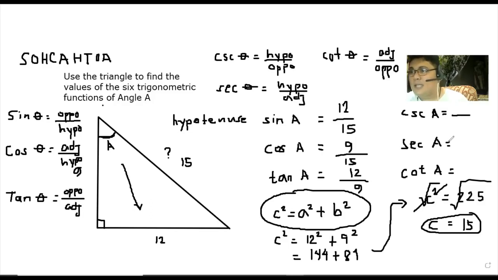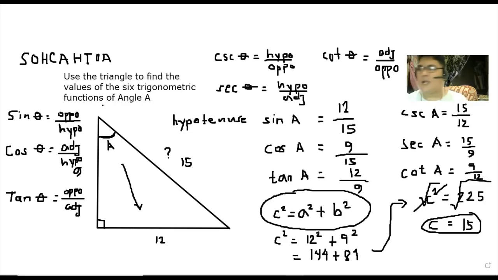So cosecant A is 15 over 12. Okay? And this one po is secant A is 15 over 9. It's really interesting po, no? And then cotangent A is 9 over 12.